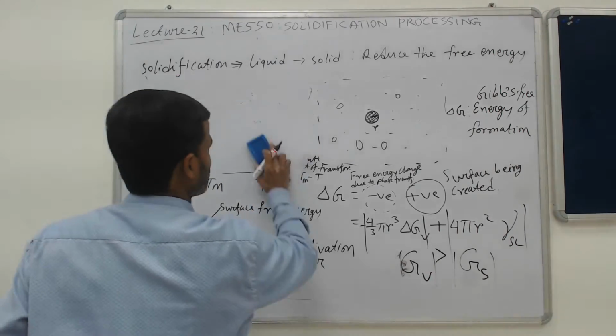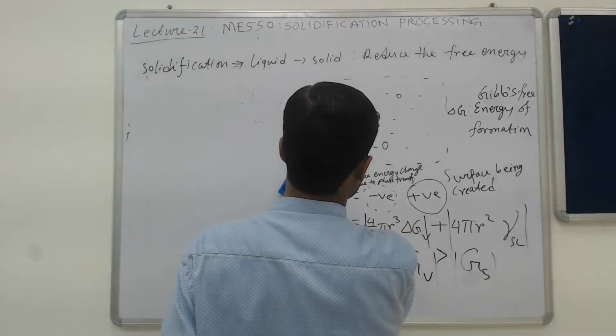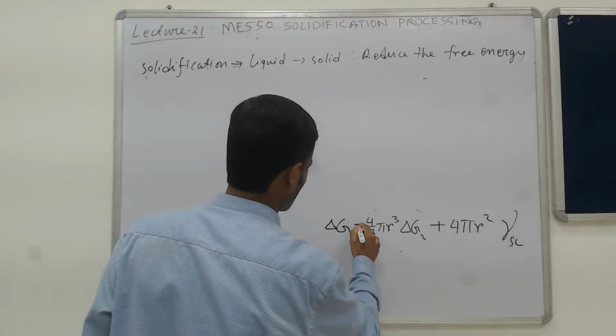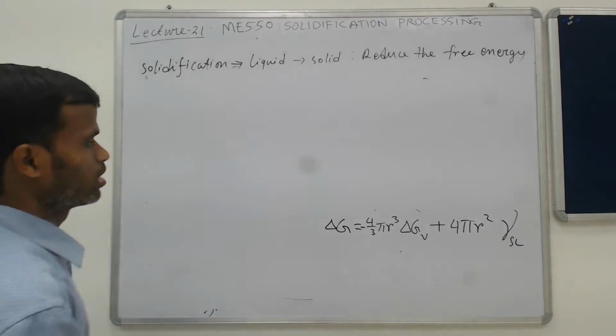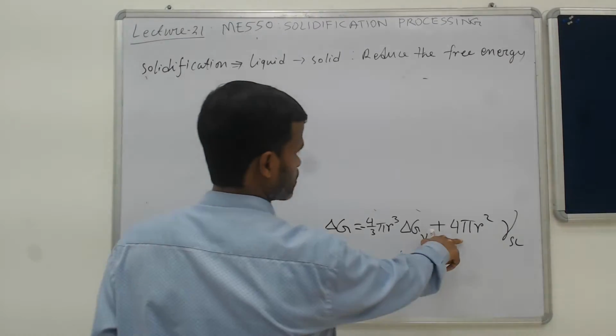Now if you see this equation, delta G is minus Gv, plus these terms.